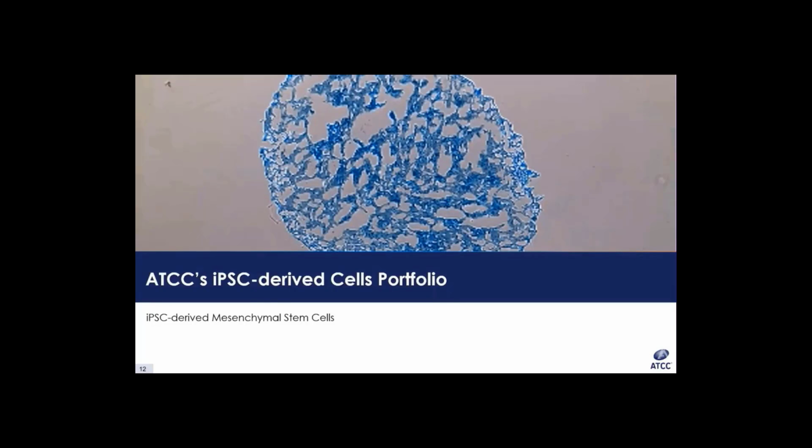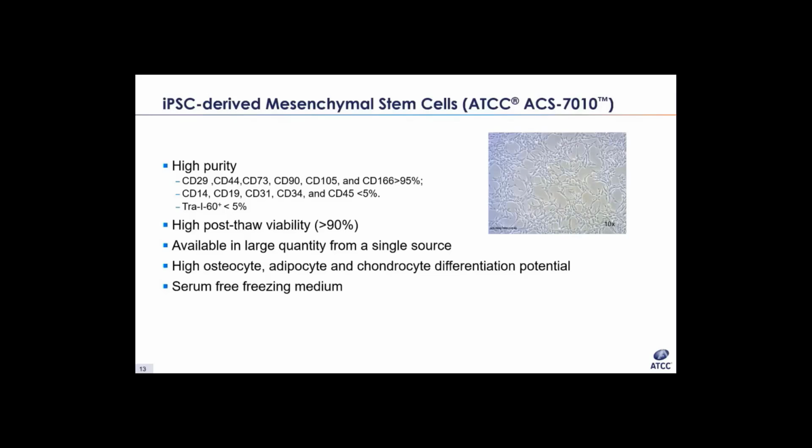Now let's take a deeper dive into ATCC's new iPSC-derived differentiated primary cell portfolio. The first product I'd like to talk about is iPSC-derived mesenchymal stem cells, ATCC part number ACS-7010. These cells are derived from ATCC's bone marrow iPSCs.